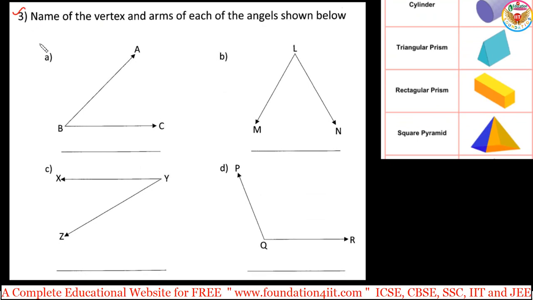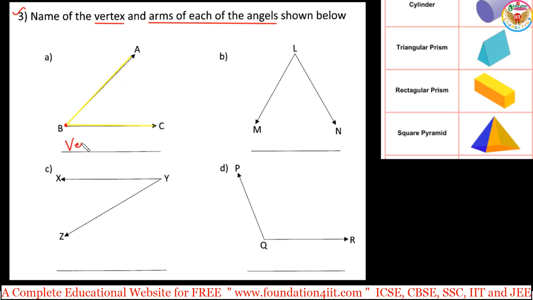The basic thing is that some of you make mistakes in naming the vertex and arms of each angle. So we need to write it. Name the vertex: the vertex is where the two rays are joining together. This BA and BC are joining at B, that's why B is the vertex.